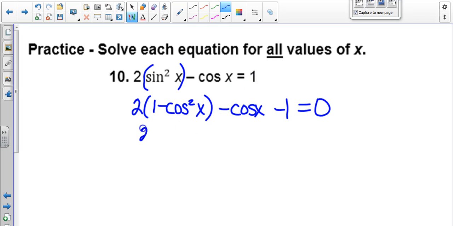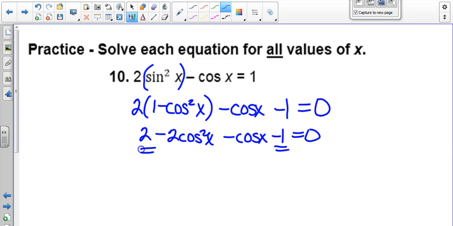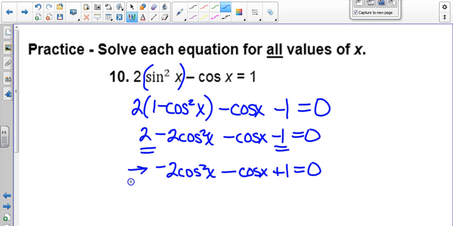If I multiply the 2 through here, if I combine these guys, now you can factor it like that. I get it wrong every time. I don't like a negative out here.